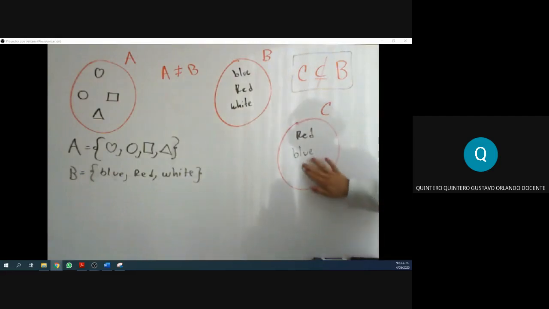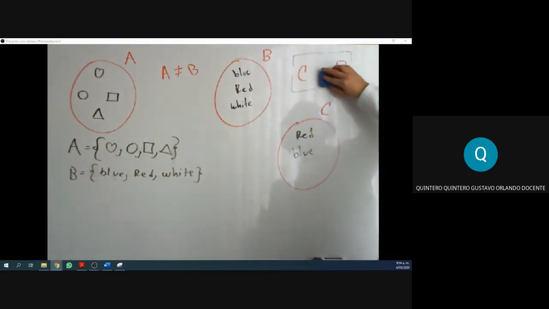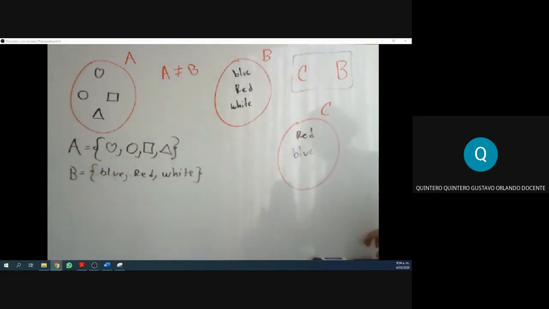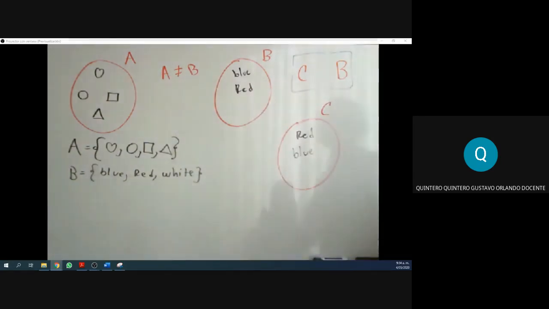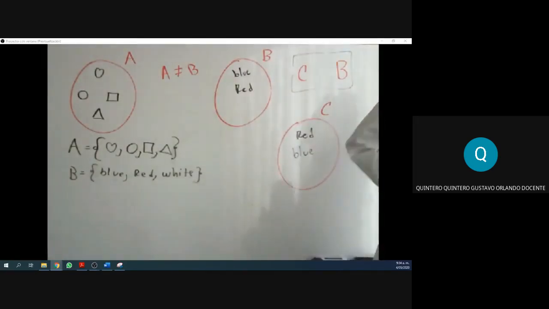All right, beautiful. But what if I go like this now? Look at this. What if I erase the element white in set B? Okay, now we know. If we have been paying attention, we know for sure.